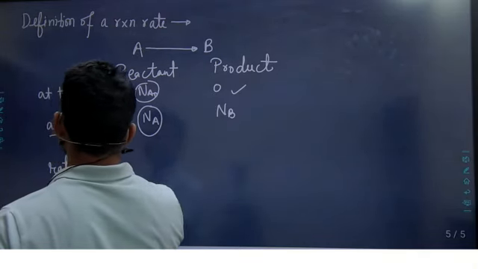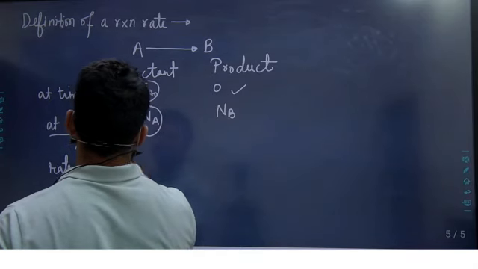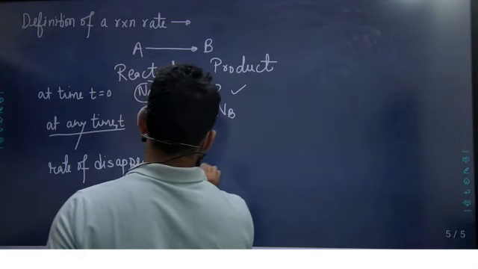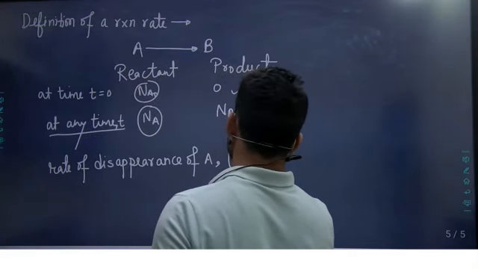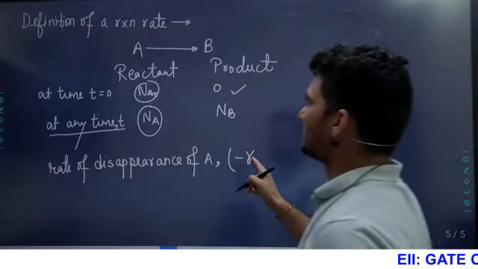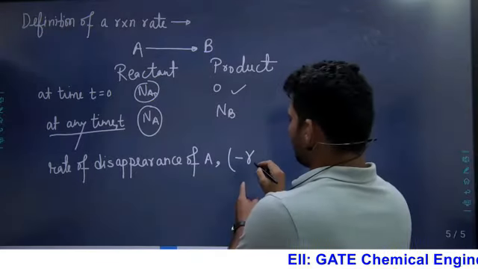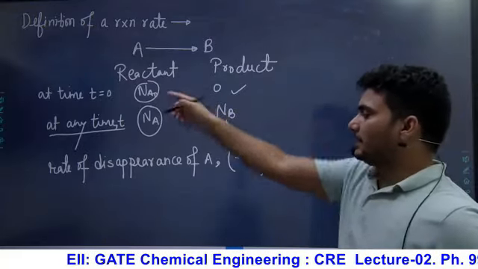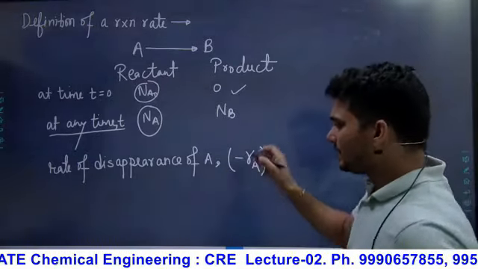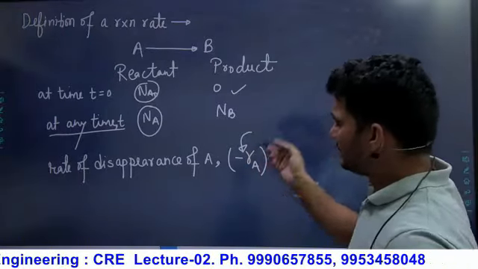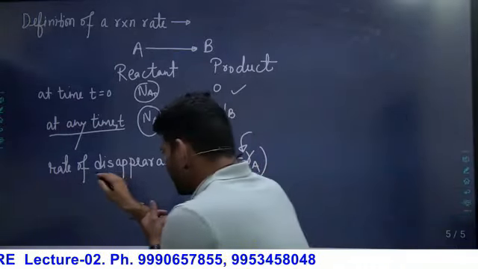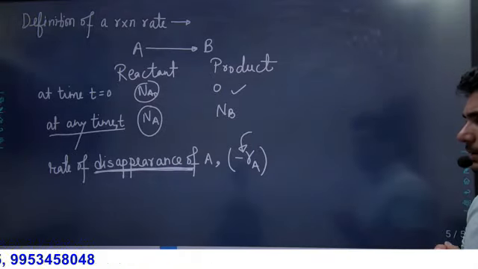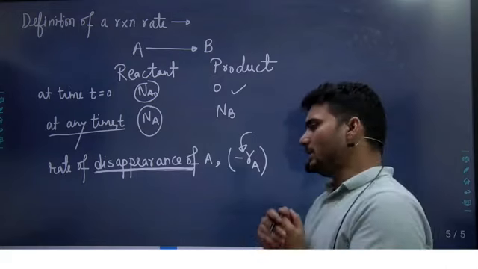Rate of disappearance of A. We denote it as minus Ra, where R stands for the rate, for reactant A. This negative sign is used because it tells us that it is all about the disappearance.